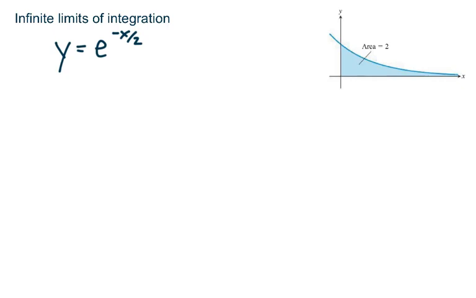So we're going to assign a value to the area in the following way. First, we're going to find the area A(b) of the portion of the region that's bounded on the right by some invisible value extending off to the right, b on my graph.